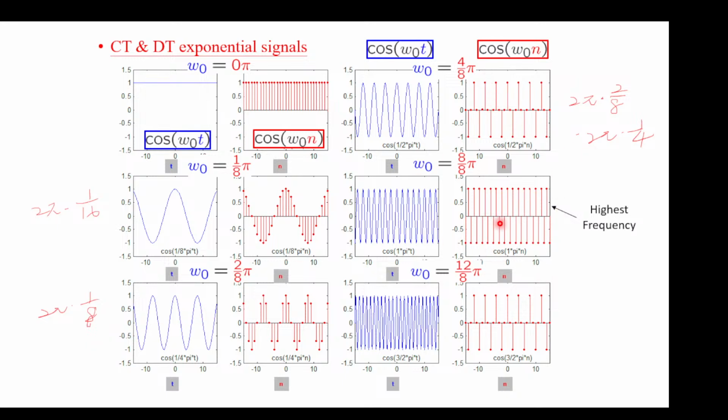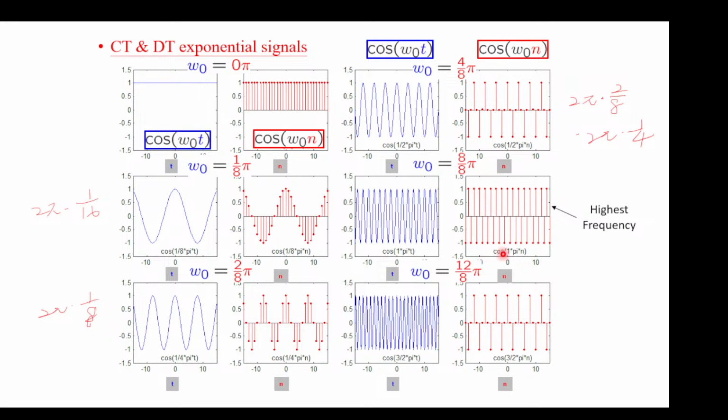Then at omega naught equal to 8 pi over 8, which equals pi, it gets the highest frequency. As we said, for a discrete signal, when omega naught equals pi, it's the highest possible frequency, because your signal is now just 1, minus 1, 1, minus 1. This is the fastest possible oscillation you can get on a discrete signal, because at one point it's 1 and the next point goes to minus 1.